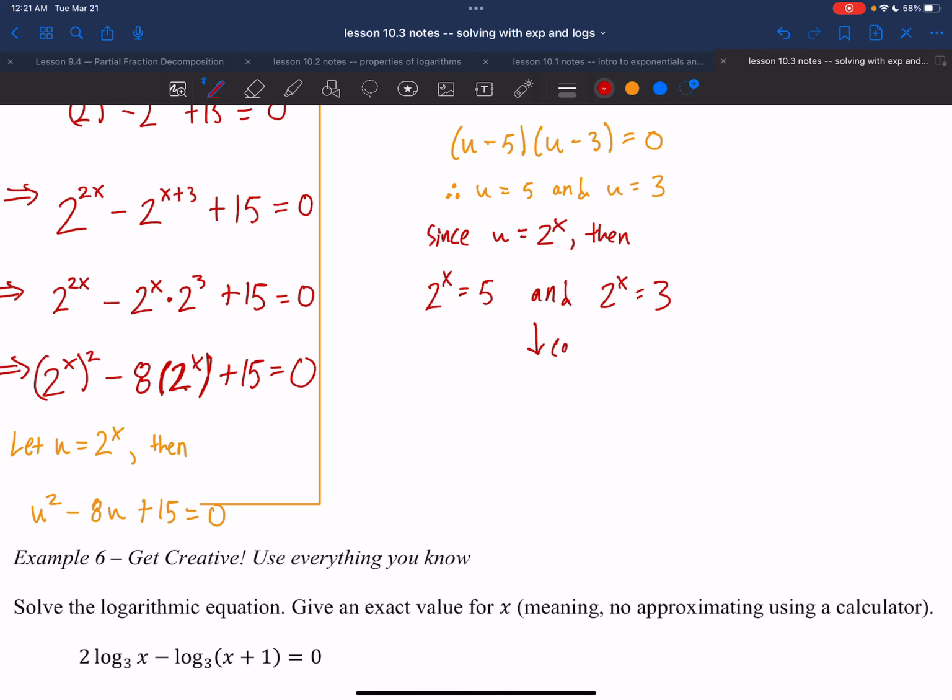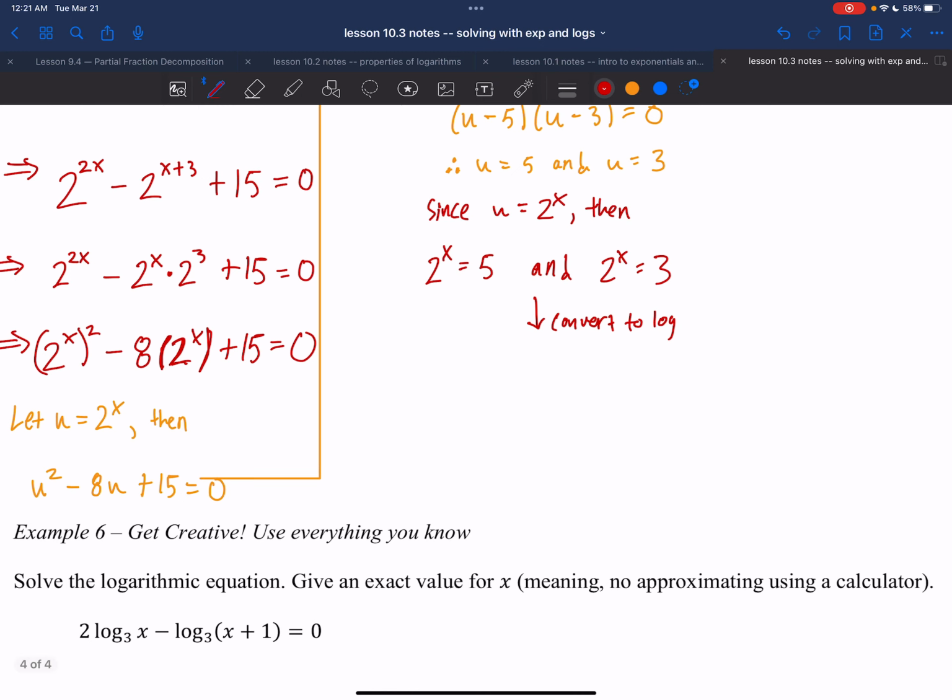Now, convert to log. Therefore, x is equal to log base 2 of 5, and x is equal to log base 2 of 3. Done.